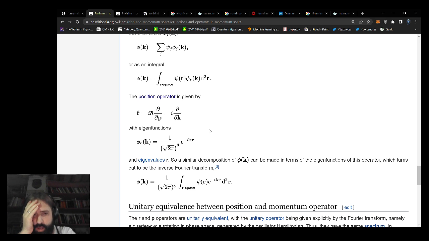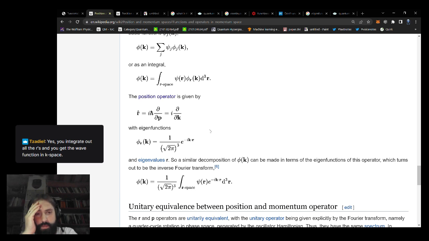The trick is somehow in the integration. And again, I have no idea what this d3 here is.